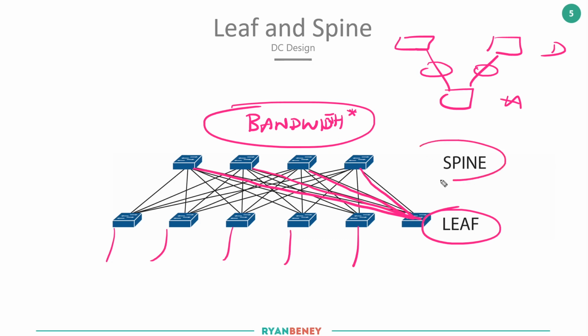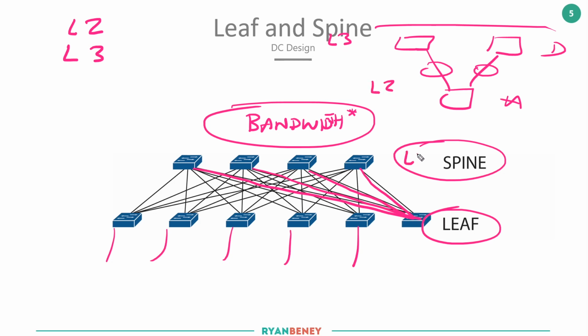The actual leaf and spine architecture also isn't as clear cut. You tend to see it all running at layer 2 or all running at layer 3, whereas in an enterprise design, you normally see the distribution running at layer 3 and the access running at layer 2. So spine would be 3 and leaf would be 3, or spine would be 2 and leaf would be 2.